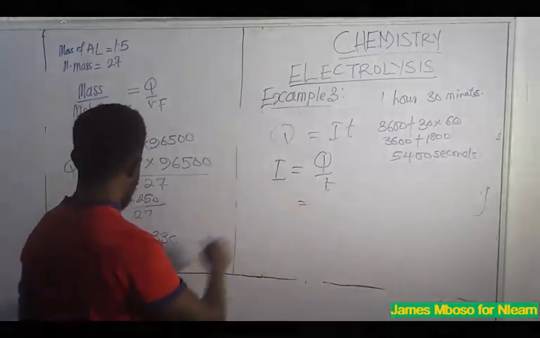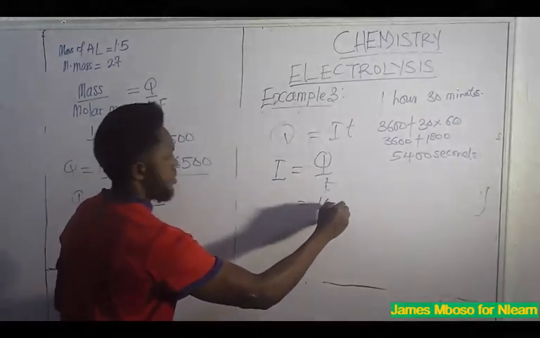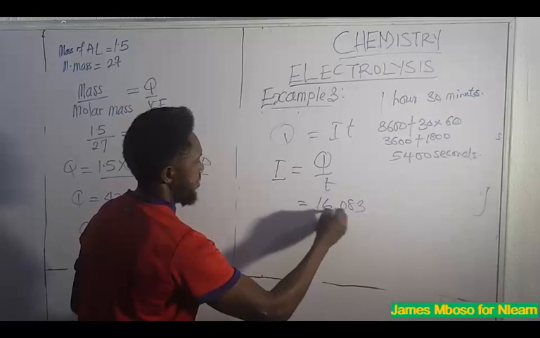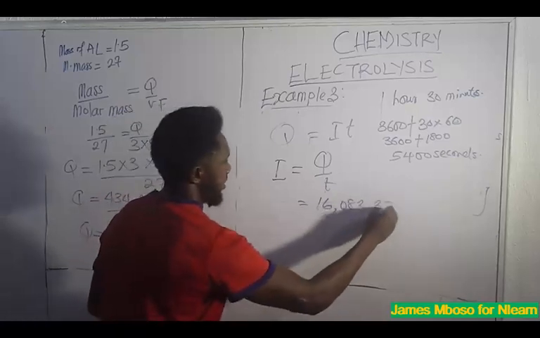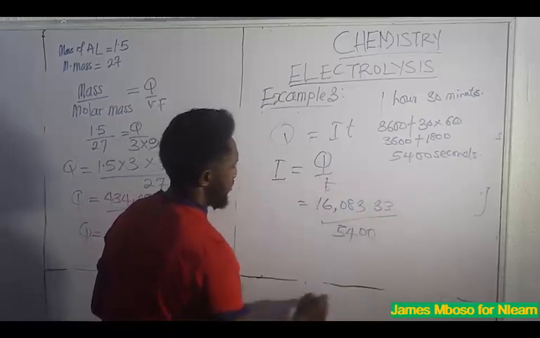So we now come here. The Q here is 16,083.33 divided by this particular value of seconds.